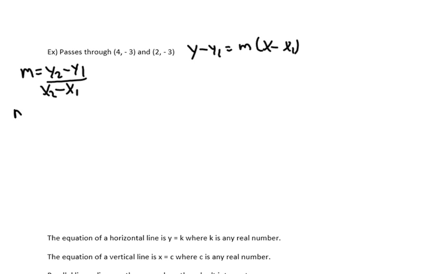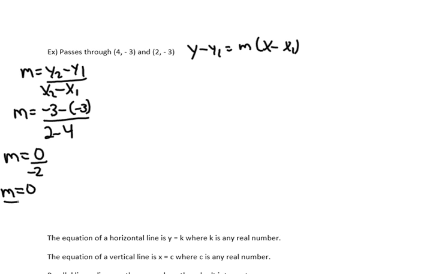Now, plug in, that's -3 minus a -3 divided by 2 minus 4. -3 minus a -3, that is 0 over -2. The slope is 0. So because slope is 0, you already know you're going to expect this to be a horizontal line. But let's finish doing this.